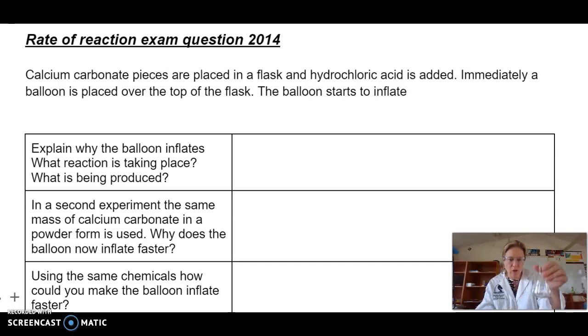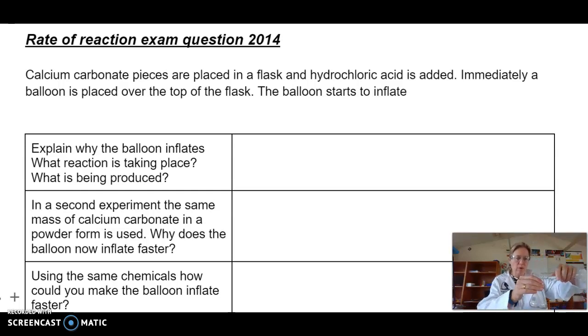So here I've got a conical flask and it's got some calcium carbonate in it, which are called marble chips. There's 5 grams in there, and I'm going to add 20 mils of hydrochloric acid, and then as quickly as I can, I'm going to pop a balloon over the top and watch what happens.